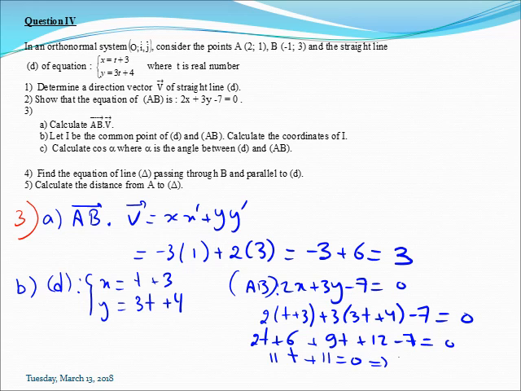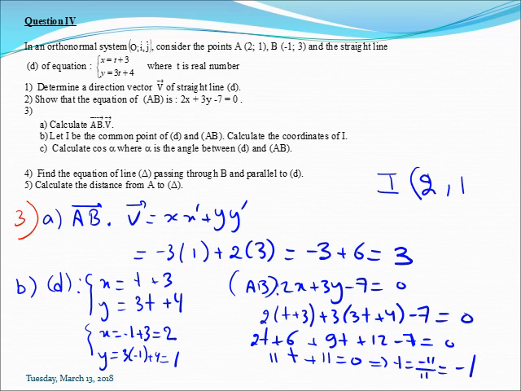So t equals minus 11 over 11, t equals minus 1. Substitute t equals minus 1: x equals minus 1 plus 3 equals 2, y equals 3 times minus 1 plus 4 equals 1. So the coordinate of I is (2, 1).